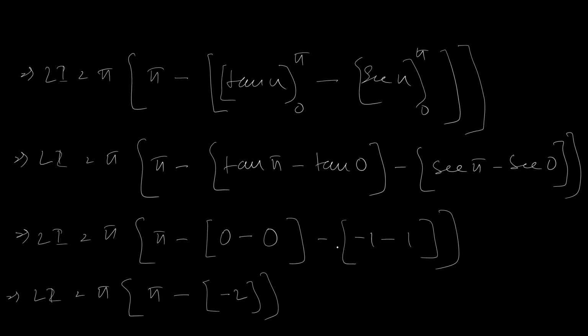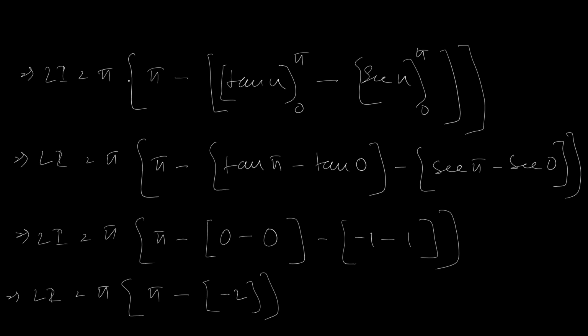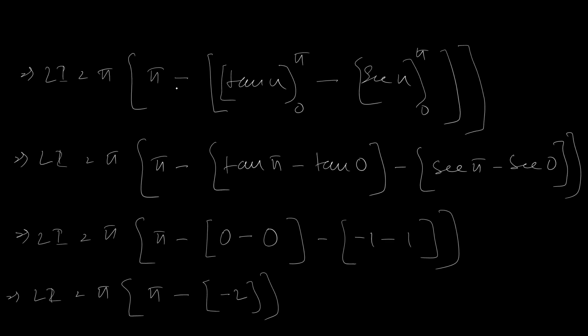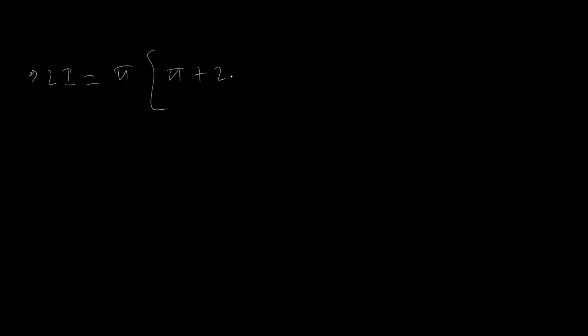Pi minus minus 2 will be pi plus 2. So twice I is equal to pi square plus 2 pi.